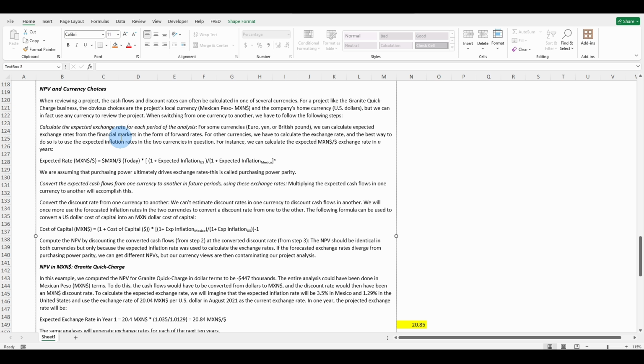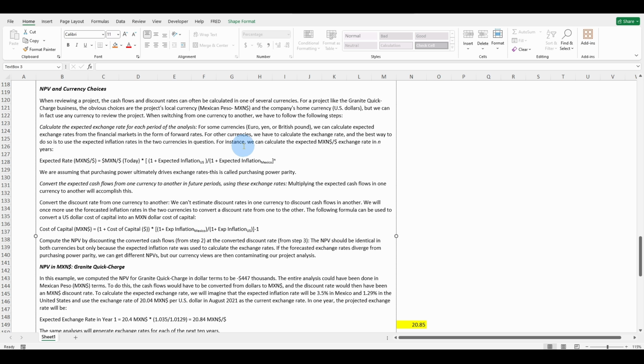When switching from one currency to another, we have to follow these steps. First, calculate the expected exchange rate for each period of the analysis. For some currencies, euro, yen, or British pound, we can calculate expected exchange rates from the financial markets in the form of forward rates. For other currencies, we have to calculate the exchange rate, and the best way to do so is to use the expected inflation rates in the two currencies in question.